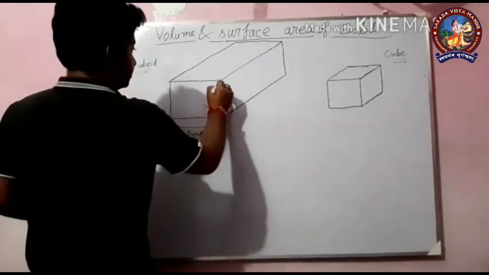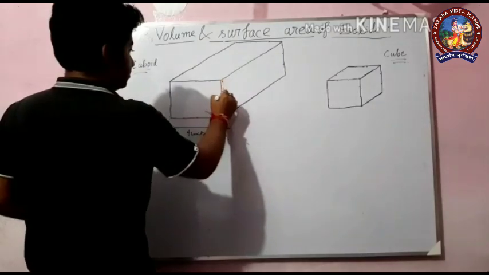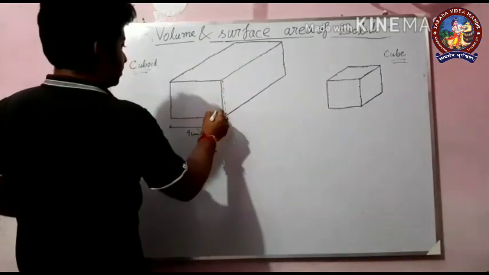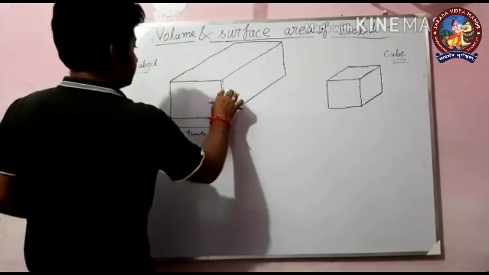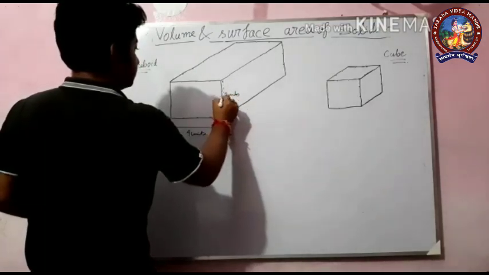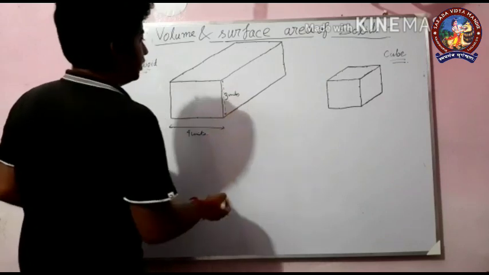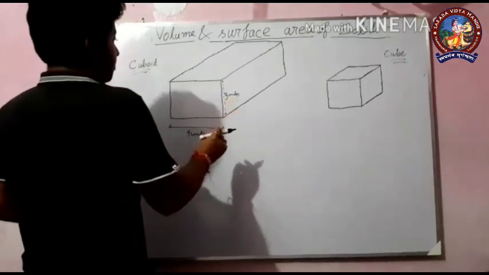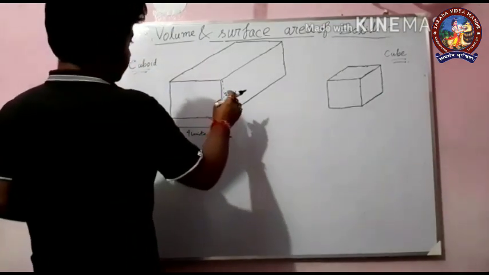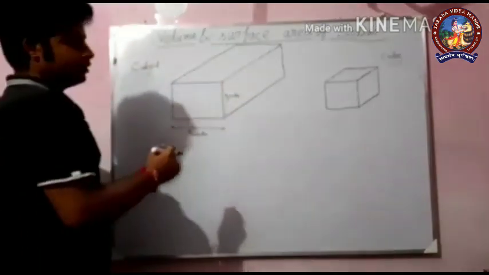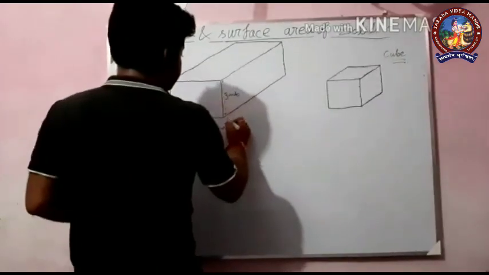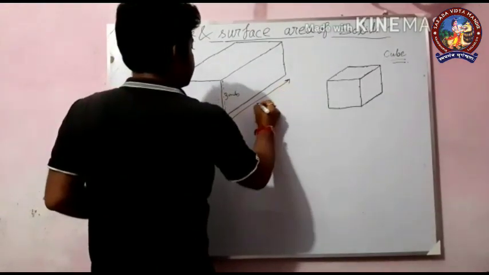This height is 3 units. And this is the breadth here of the box, right? Suppose the breadth is 6 units.